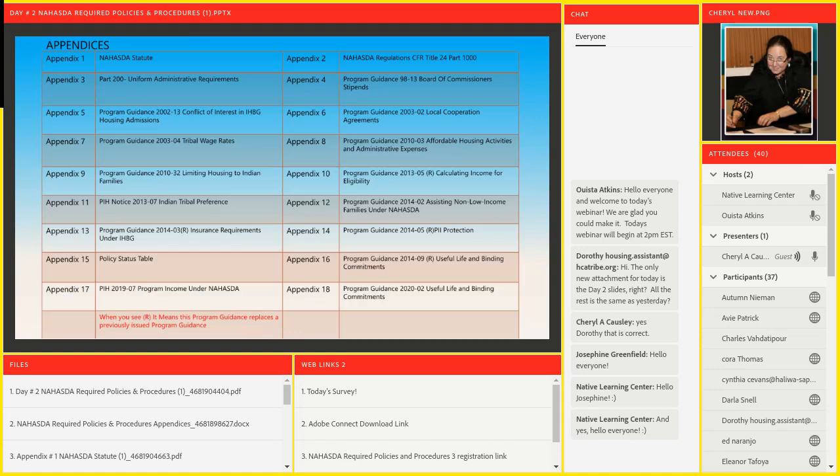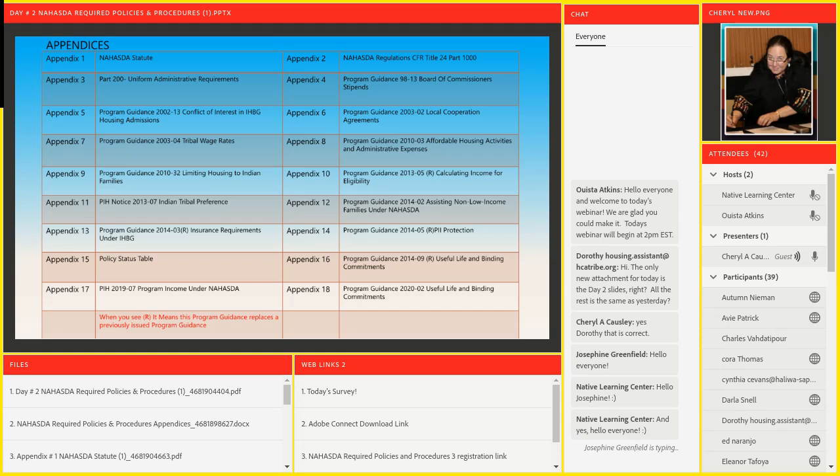These are the appendix items. Again, this is something else that I would recommend that you download for your future guidance. If nothing else, your program guidances and your PIH notices, you should have a copy of them somewhere so you can grab them, especially if you have a board of commissioners or a tenant or a staff member say, tell me why.